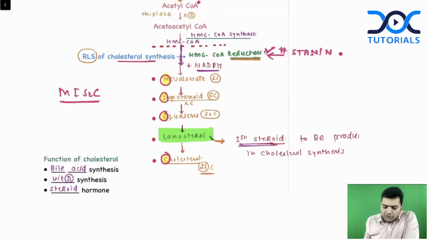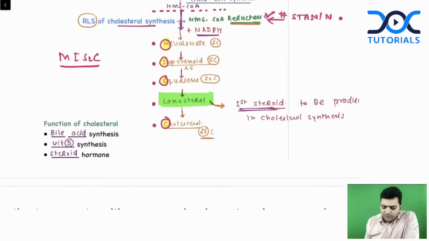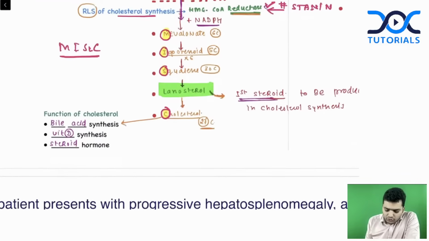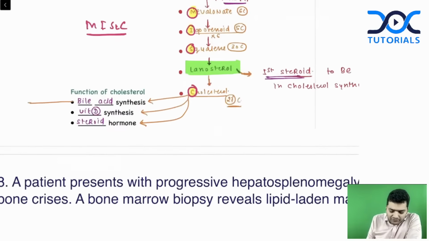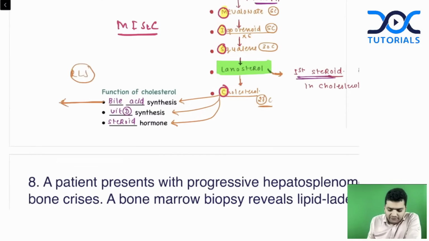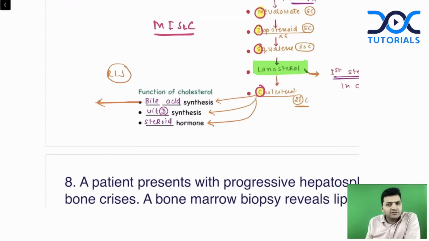Then what is the use of this cholesterol that we are making? This cholesterol is going to be used to make the bile acids, the vitamin D, and the steroid hormones. Can you tell me what is the rate limiting enzyme for bile acid synthesis? Is it 7 alpha hydroxylase or 1 alpha hydroxylase?